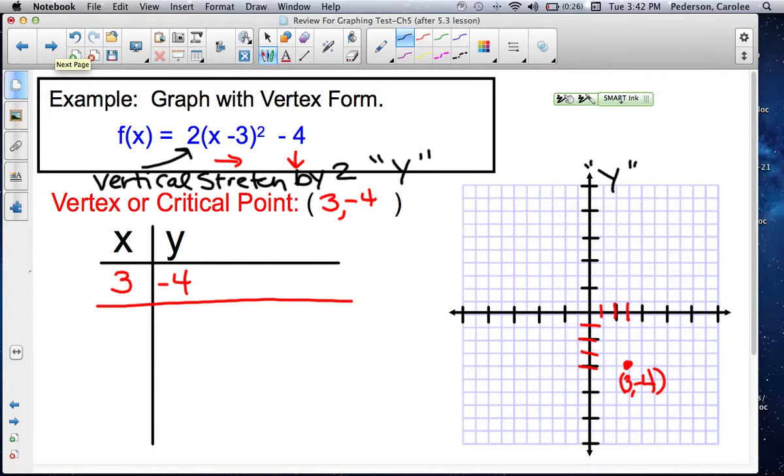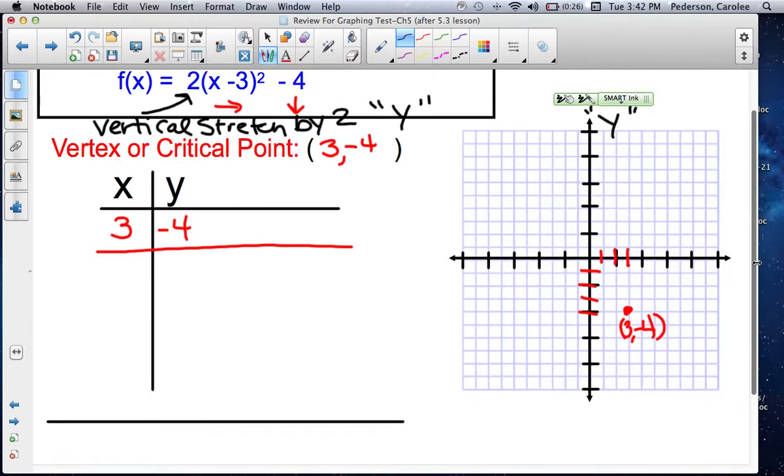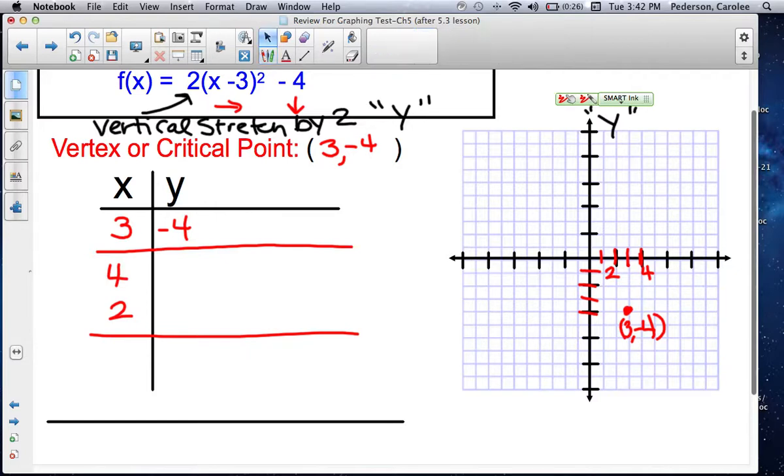So we're going to go ahead and graph a few more points. So we're going to be vertically stretching those points. So let's move to the one right, which would be 4, and 1 left, which would be 2. Normally, it would go up 1 unit on a parent function.